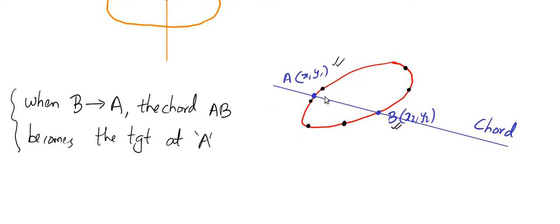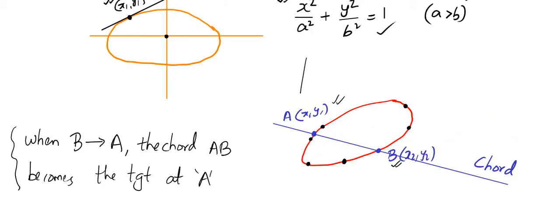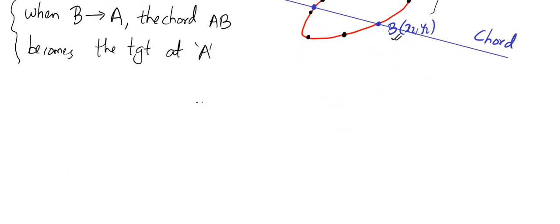Okay, let's start. Look at this. This is a point on the standard ellipse, right? This x1, y1, the point of tangency, is a point on the ellipse. And this is also a point on the ellipse. A point on the ellipse will satisfy the equation of the ellipse. So I can easily write x1 square by a square plus y1 square by b square equal to 1.